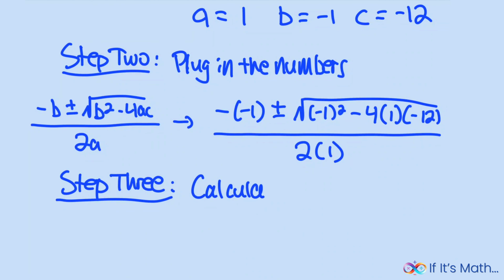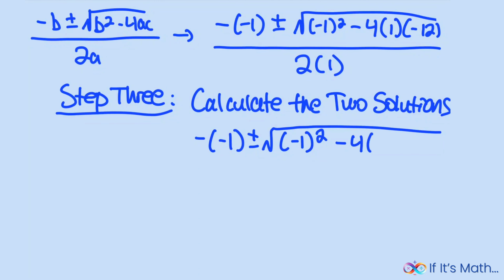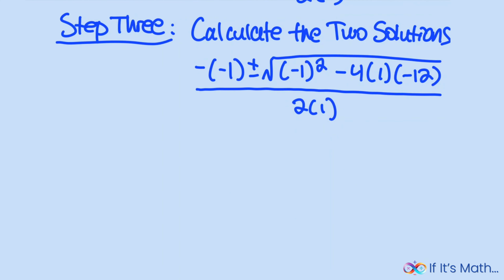Let's rewrite what we had here. We have minus 1 plus or minus the square root of minus 1 squared minus 4 times 1 times minus 12, all over 2 times 1. Let's start simplifying that. That gives us 1 plus or minus the square root of 1 minus 4 times minus 12, over 2.